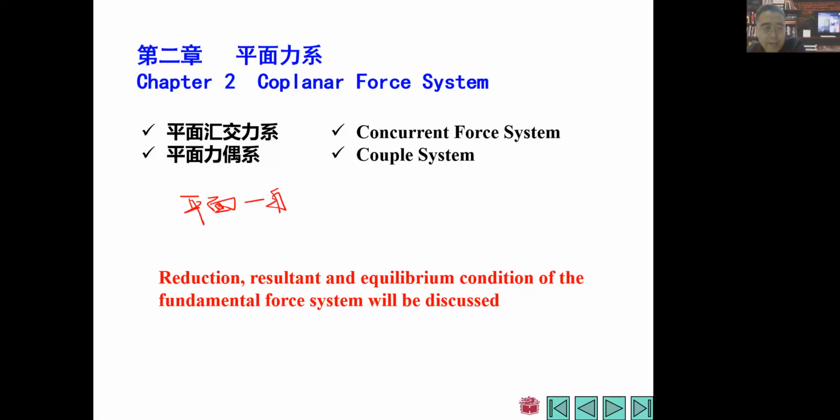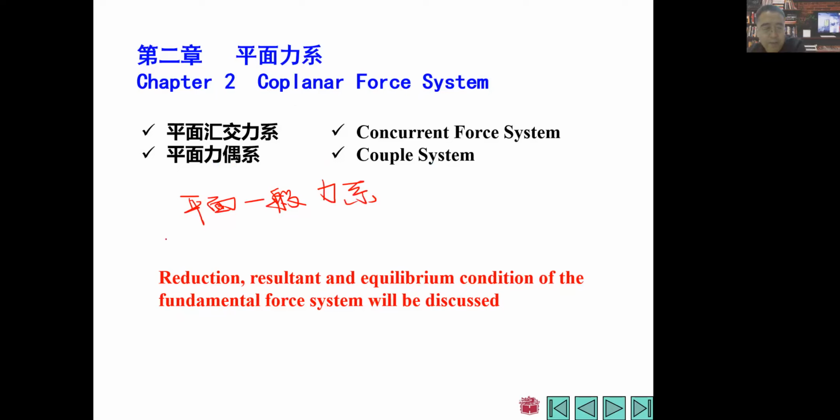The so-called 平面汇交力系 and 平面力偶系 are actually special cases of 平面一般力系, that means the generalized coplanar force system. We'll talk about its reduction.